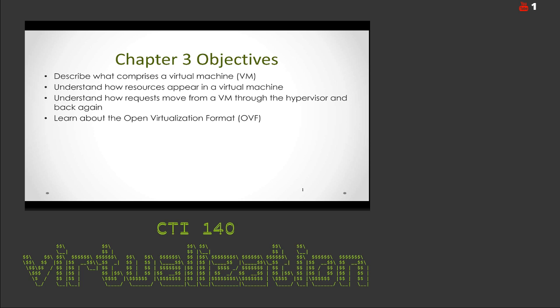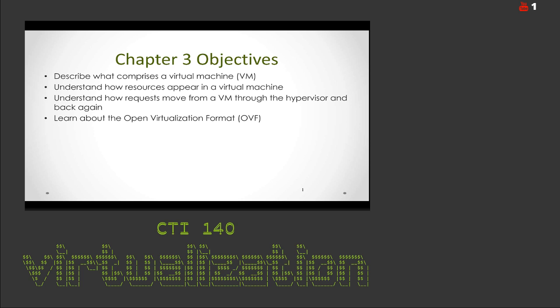So before we get into the content today, we'll have a quick look at our objectives as per usual. What we're going to do today is describe what comprises a virtual machine. Over the last couple of weeks, we've been talking about what virtualization is and how we get into all that. Now we're going to actually talk about what a virtual machine is a little bit more. We're going to talk about how resources appear in a virtual machine.